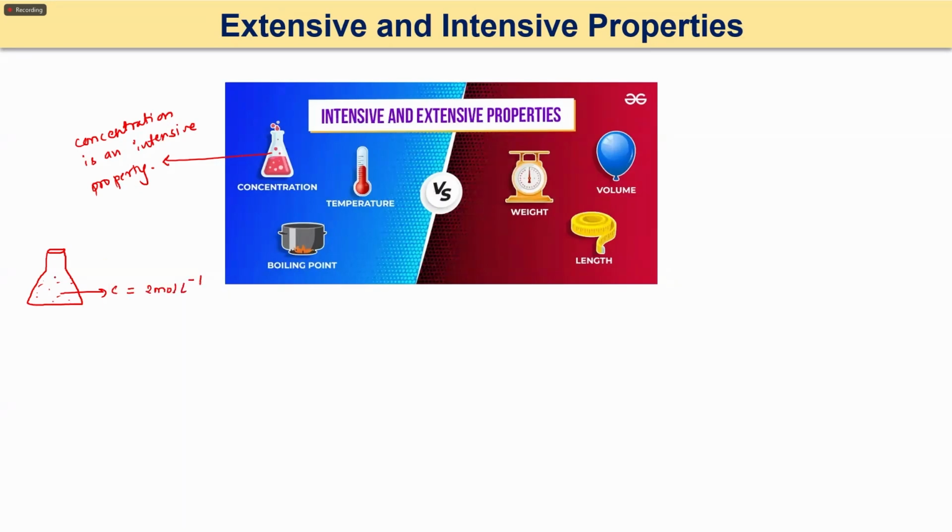Now if we take some of the amount from this glass and keep it in this one, what will be the concentration of the species in this glass? It will not change, because concentration is an intensive property. It does not change, so the concentration will remain the same.